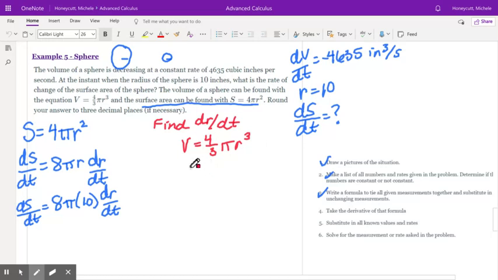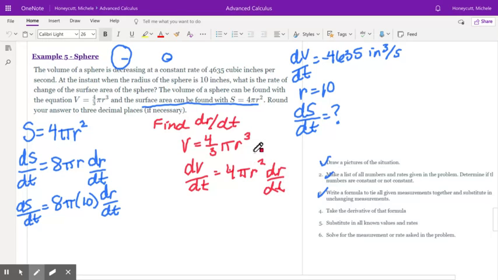Let's go ahead and take the derivative. dV/dt equals 3 times 4/3 is 4, pi r squared, 4 pi r squared dr/dt.